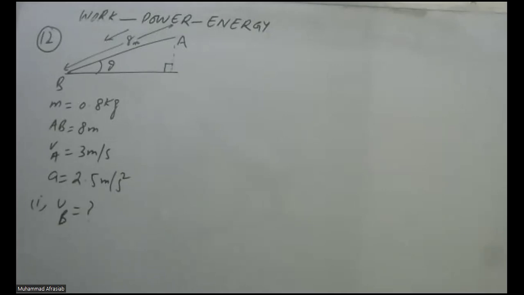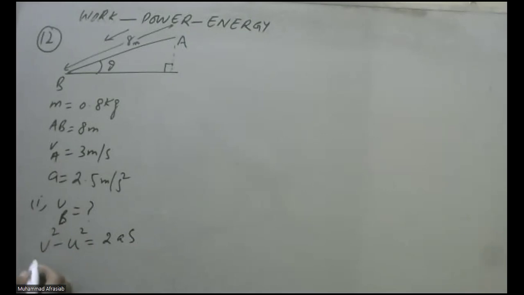Since we are going to calculate the velocity at B and it is moving against the frictional force, we will use the equations of motion. So V square minus U square is equal to 2AS.